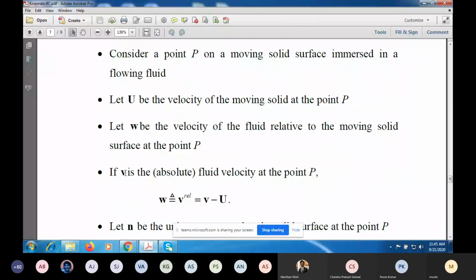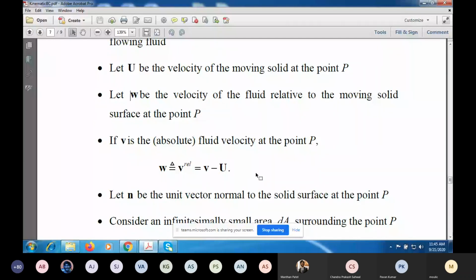So if V is the absolute fluid velocity, all these velocities are with reference to a stationary frame of reference. So W, by definition, where the equal sign with the triangle means defined, is V_rel. I have used the subscript REL for relative velocity. It is the absolute velocity of the fluid minus the velocity of the solid.